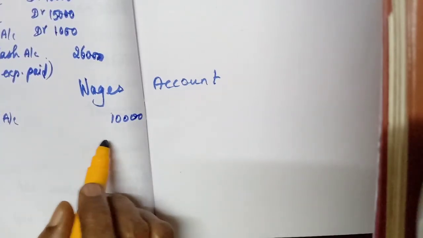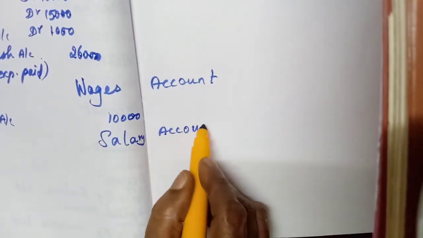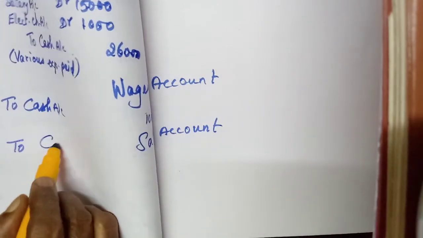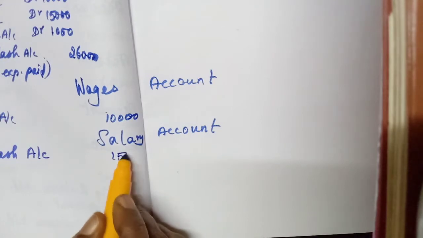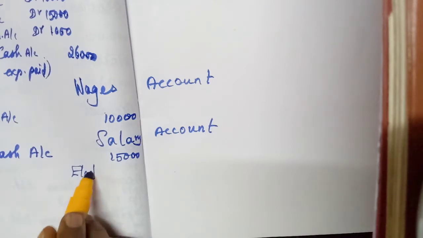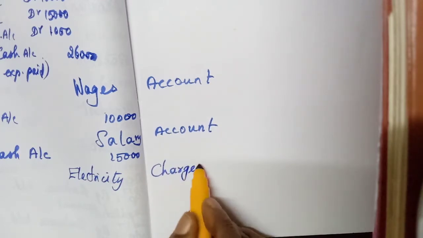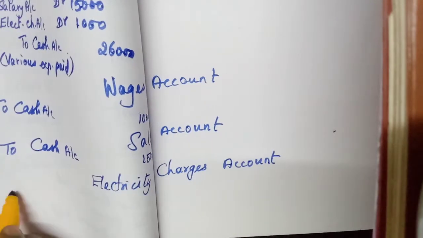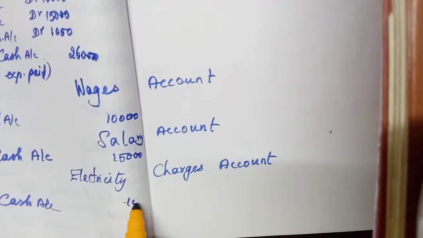The same way, salary account also. Salary account to cash account, amount 15,000. Then electricity charges account. There again debit side, to cash account, electricity charges only 1,000.